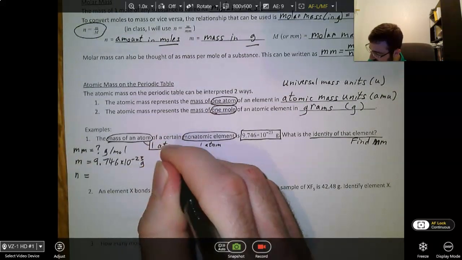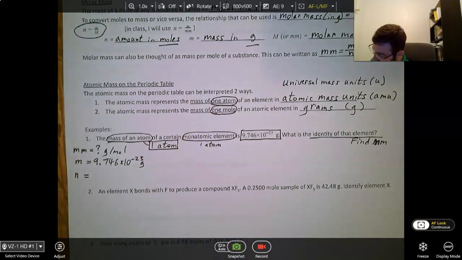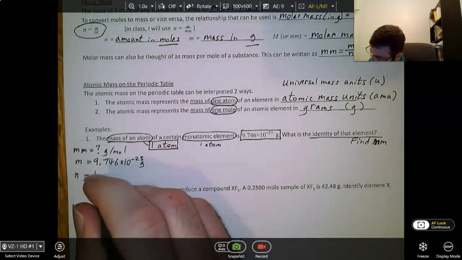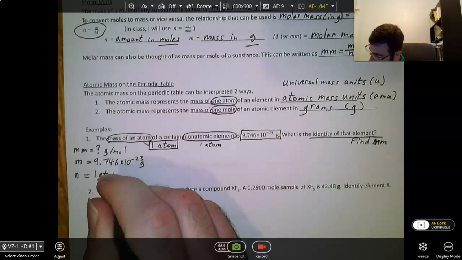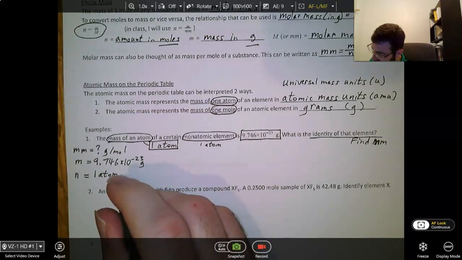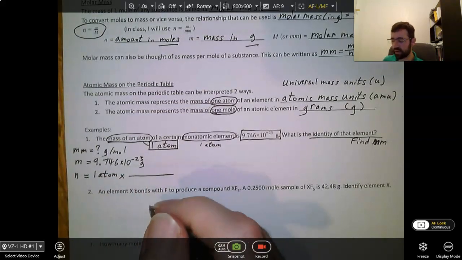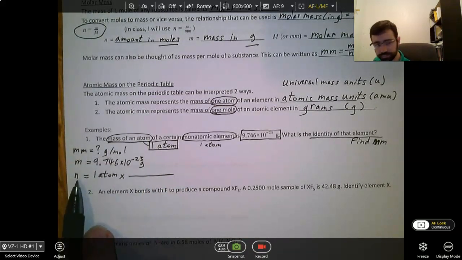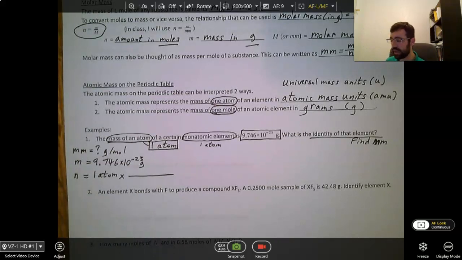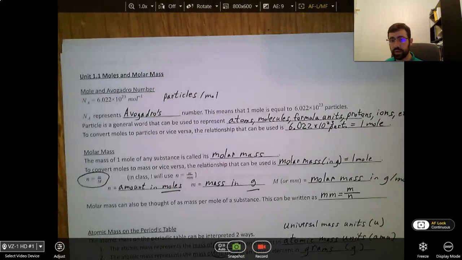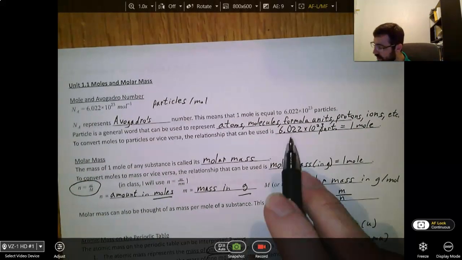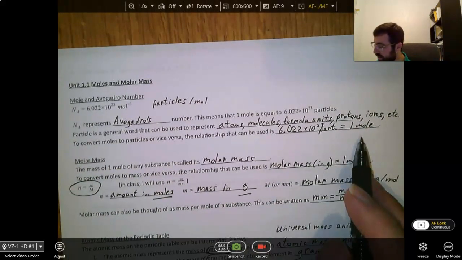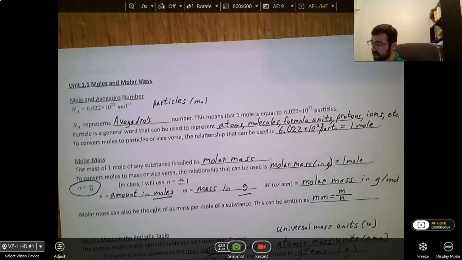This is some data I can use. I have one atom, so I could start with one atom of this certain element, and I'm going to do some unit conversions because I want to find out how many moles that would be. So don't forget, if we're going between particles and moles, we're going to use the relationship with Avogadro's number. 6.022 times 10 to the 23rd particles equals 1 mole.